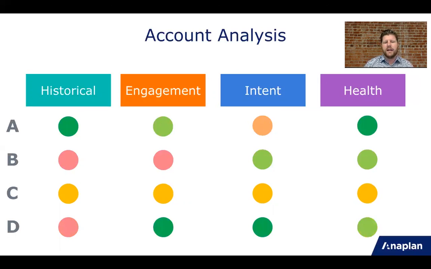And then you can look at industry D. We haven't had any historical data really there. It's weak. We've got good engagement, good intent, and where we have historically had customers, they're okay. So it's a good industry for us. But the engagement and intent here are really important. This is going to mean that I do different types of activities.